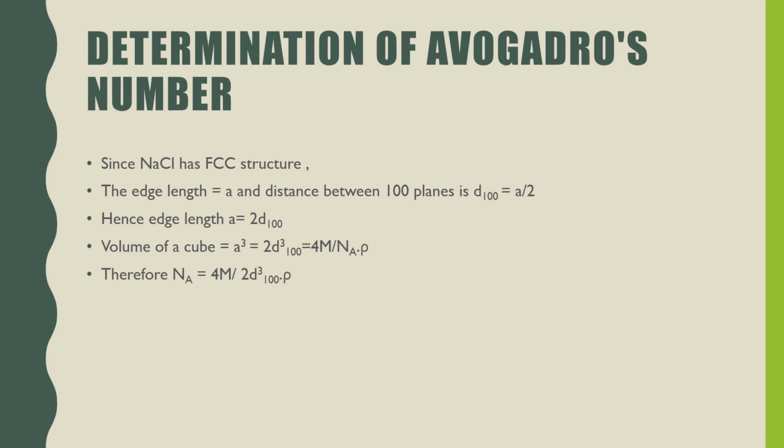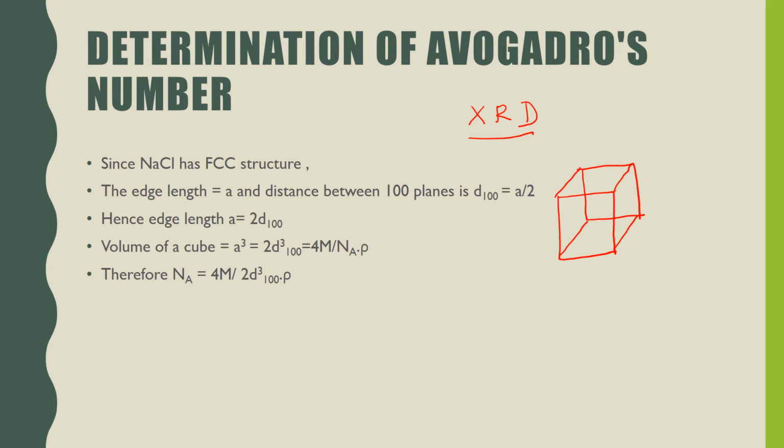Now we will see how to determine the Avogadro's number using X-ray diffraction studies. X-ray diffraction studies give us the interplanar distance between the 100 planes. Say, for example, for an FCC cube, the distance between D100 planes can be obtained as follows.